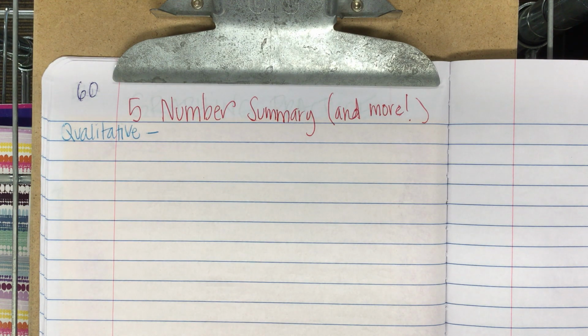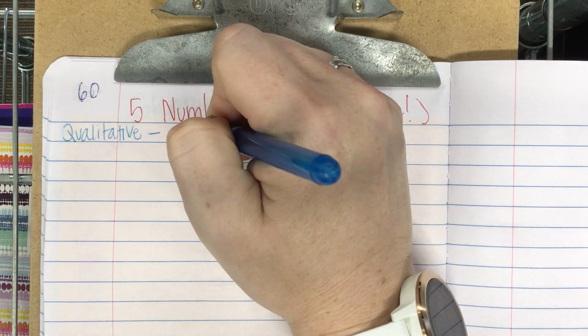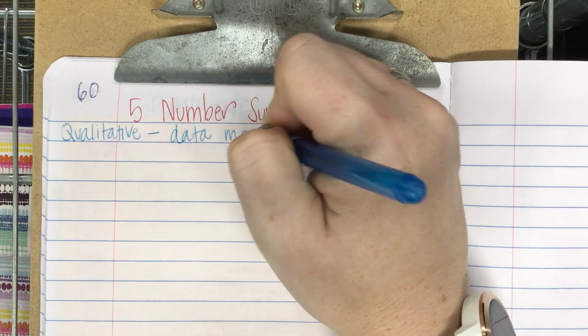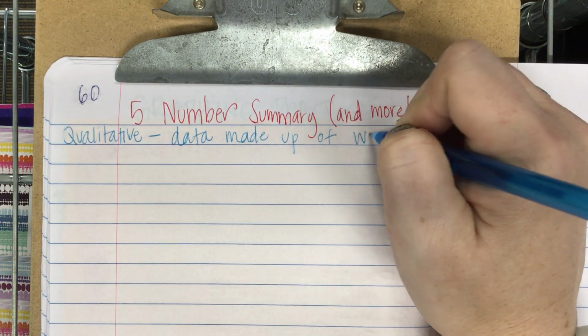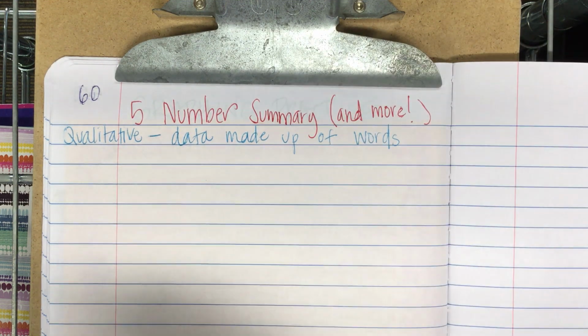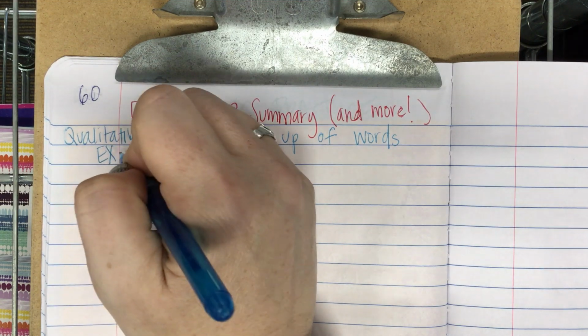Qualitative data is data made up of qualities. Data made up of words or categories.